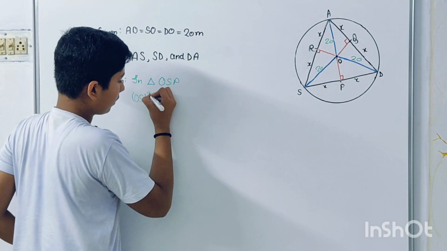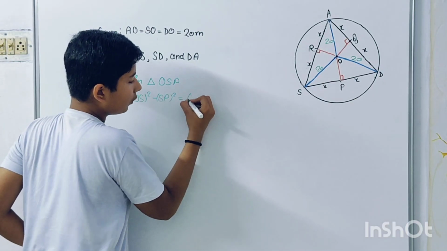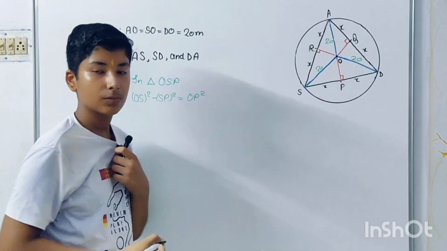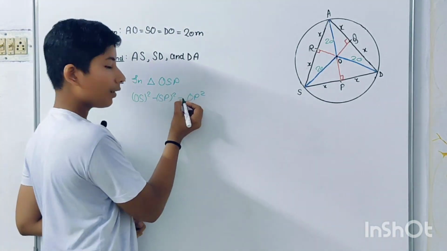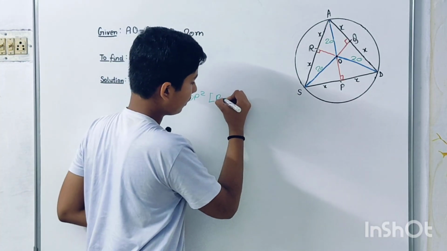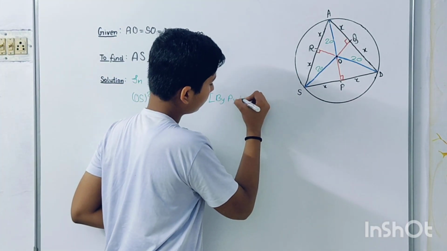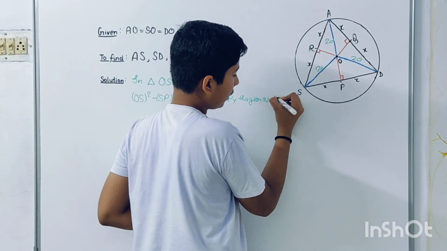We know that these are equal because of Pythagoras theorem. Here in bracket you can write by Pythagoras theorem.